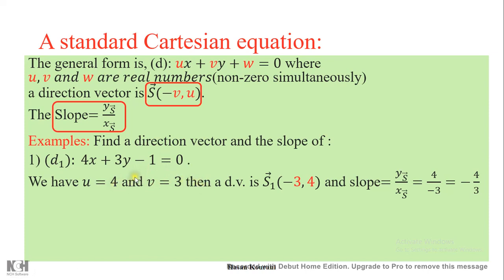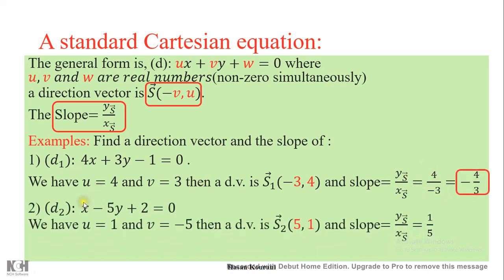Then a direction vector, as the rule says, is -v, u, so it will be -3, 4. This is the direction vector. Directly from the equation we can find a direction vector by using these rules. And the slope, as we said before, is the ordinate over the abscissa of the direction vector. It will be 4 over -3, which is -4 over 3.